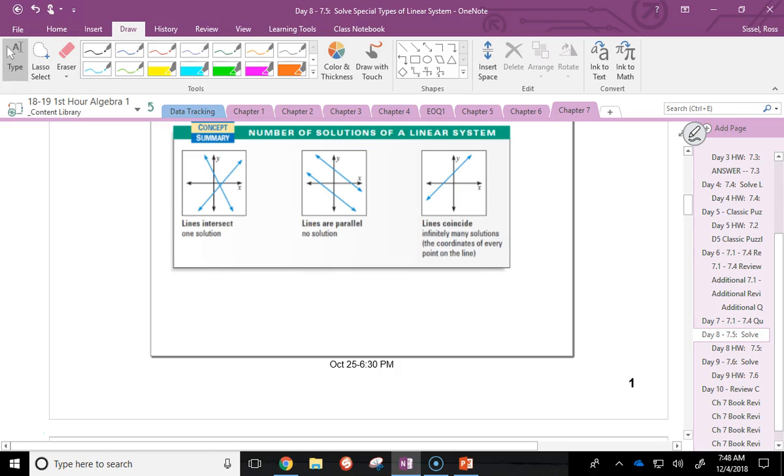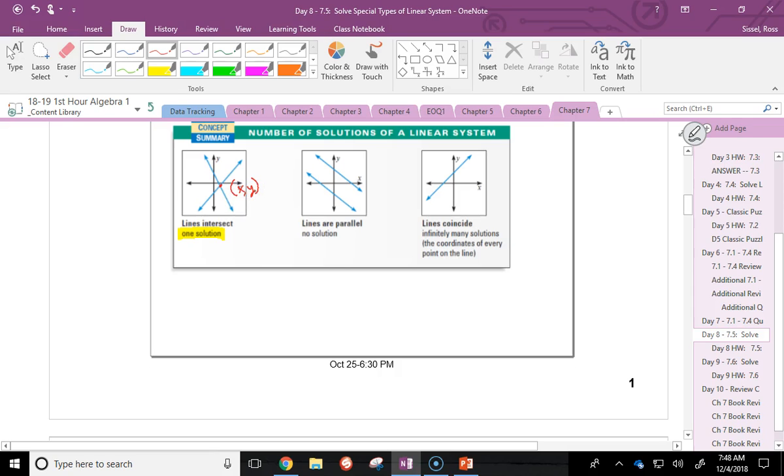Everything that we've solved up to this point, if we graph each equation, the lines would be intersecting and they would have only one solution. And that one solution is that intersection point. Wherever they intersect, that was the solution.